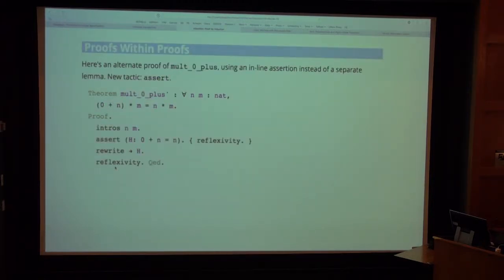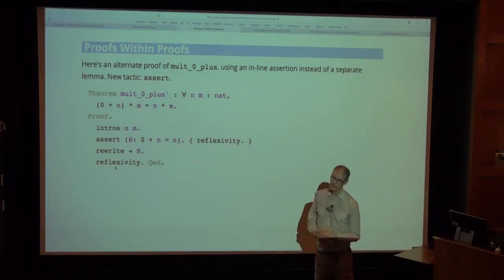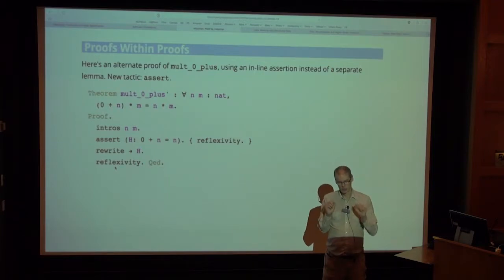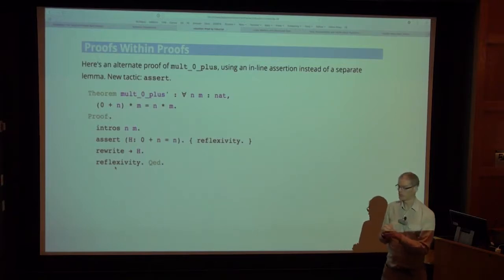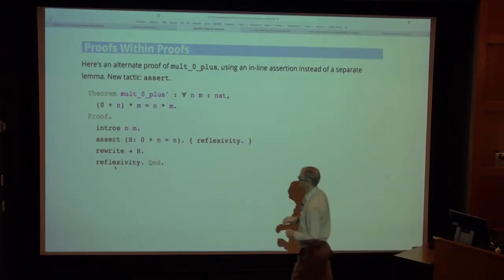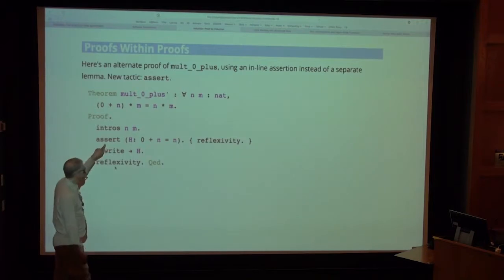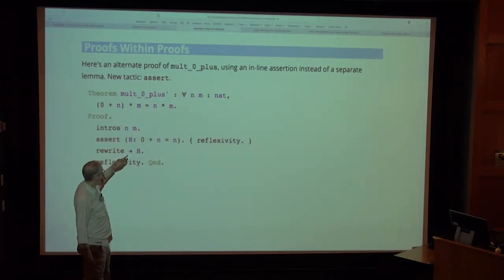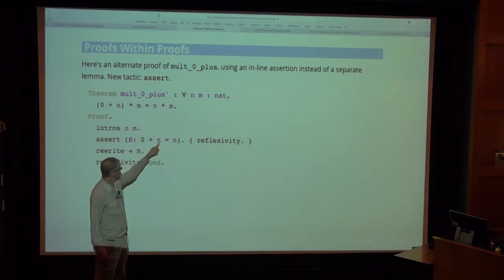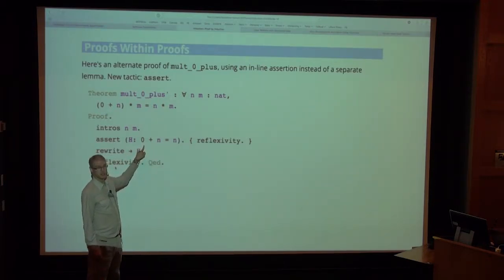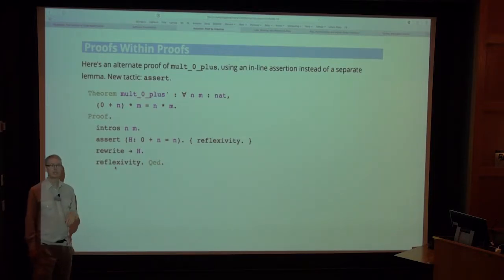We can structure proofs in Coq in many ways. One simple way that's often useful is writing a quick lemma inside of a proof and immediately proving it right there and then going on to use it. So this tactic, assert, says, I want you to do two things. I want you to create a sub-goal asking me to prove this, and then once it's proved, give it the name H and allow me to use H in the rest of the proof.